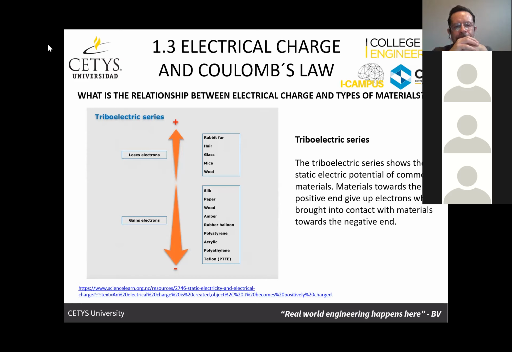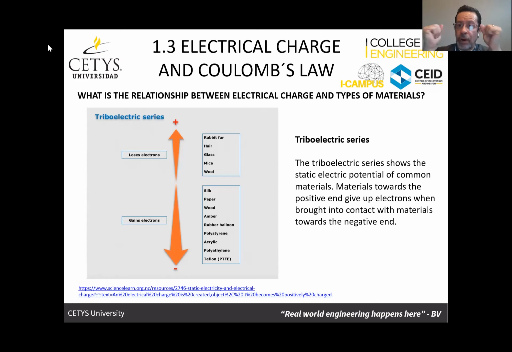For example, among materials that gain electrons, the rubber balloon can gain electrons, and hair loses electrons. You see the interaction there? Hair loses electrons easily, but the rubber balloon or the rubber can gain electrons easily. So what happens when I combine the hair material with the rubber material, once I make them interact?